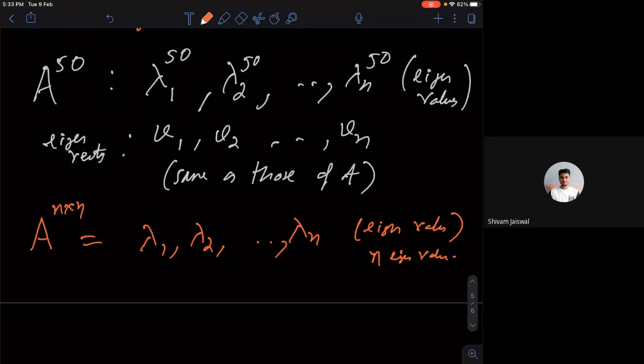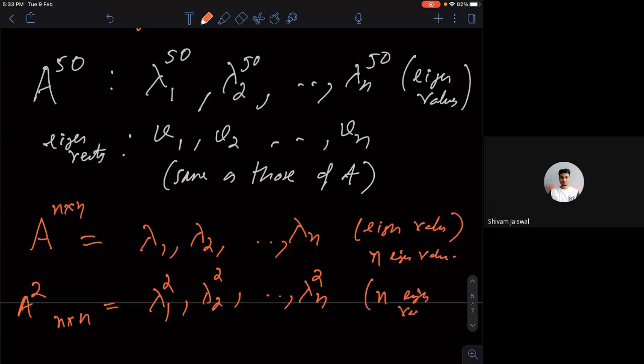A square is also n cross n, so it can have only n eigenvalues, and lambda 1 square, lambda 2 square up to lambda n square are already n eigenvalues. An n cross n matrix can only have n eigenvalues, so you can't have more. Is it clear? Yes, sir.